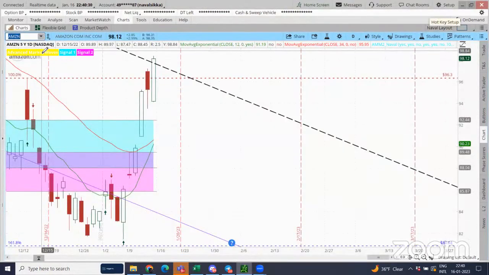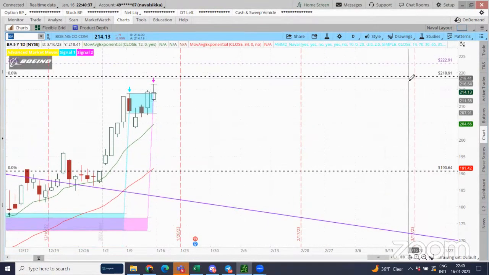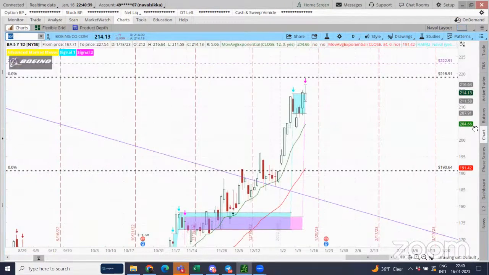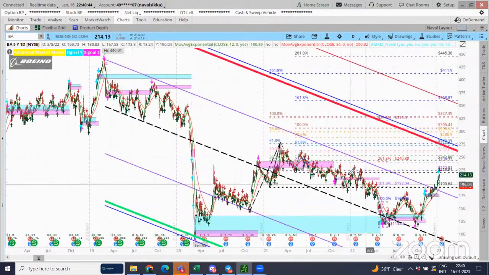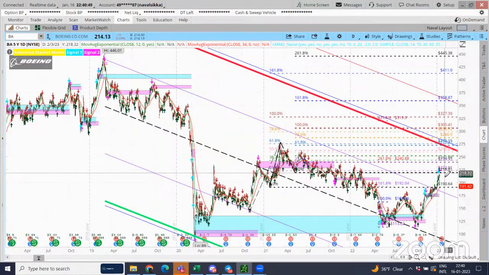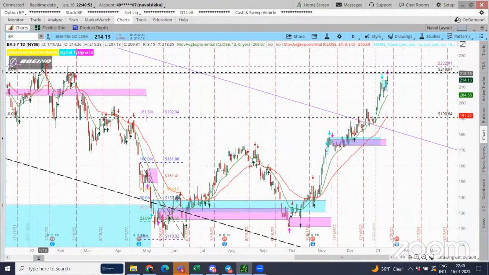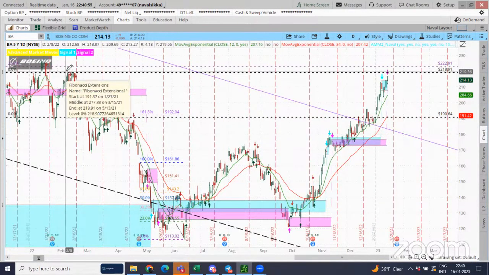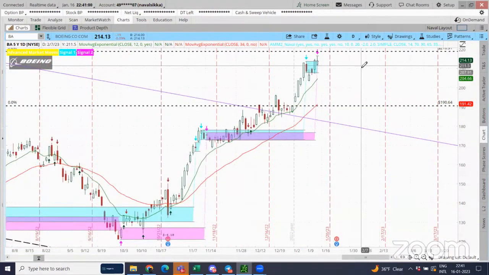Boeing is one more ticker which I'm always confident about, always loved Boeing. It's moving towards the 219 area, which is a really beautiful area where it has struggled in the past, right here, and we are making a massive W. A breakout of the W should take it towards 239, 240 very easily. 219, 220 has been a struggling area in the past. The stop loss will move towards 212.